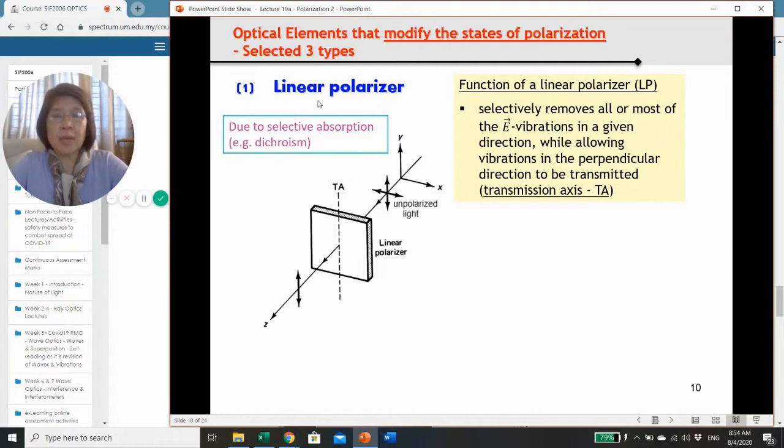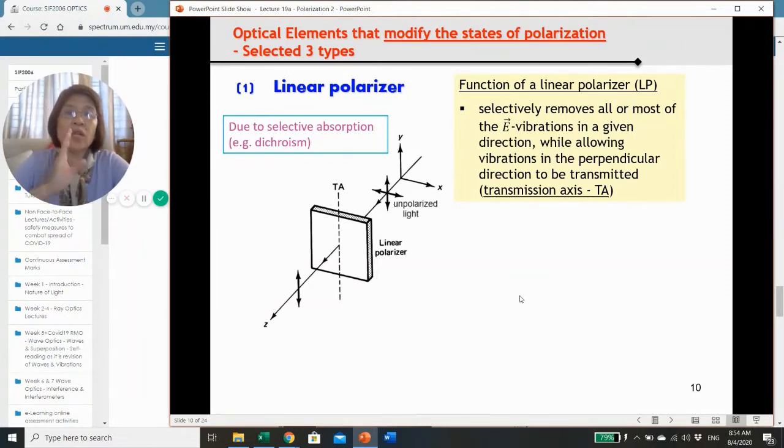Firstly, let's look at the linear polarizer. Now, it works because the material is able to do selective absorption, for example, dichroism. We'll learn about that in detail later. So this linear polarizer, what does it do? It will selectively remove all or most of the E vibrations in all other directions except one.